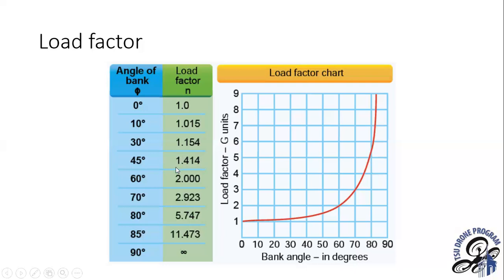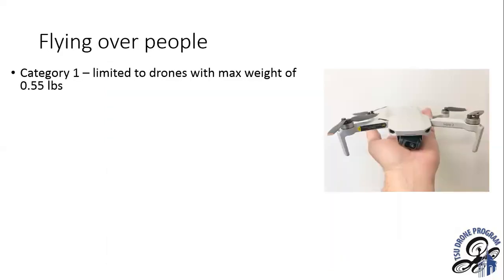So our new effective weight of the aircraft is going to be 14.14 pounds, because we've applied that additional force, which pushes us back into our seat. That's how to answer some of those load factor questions you'll find on the Part 107 exam.